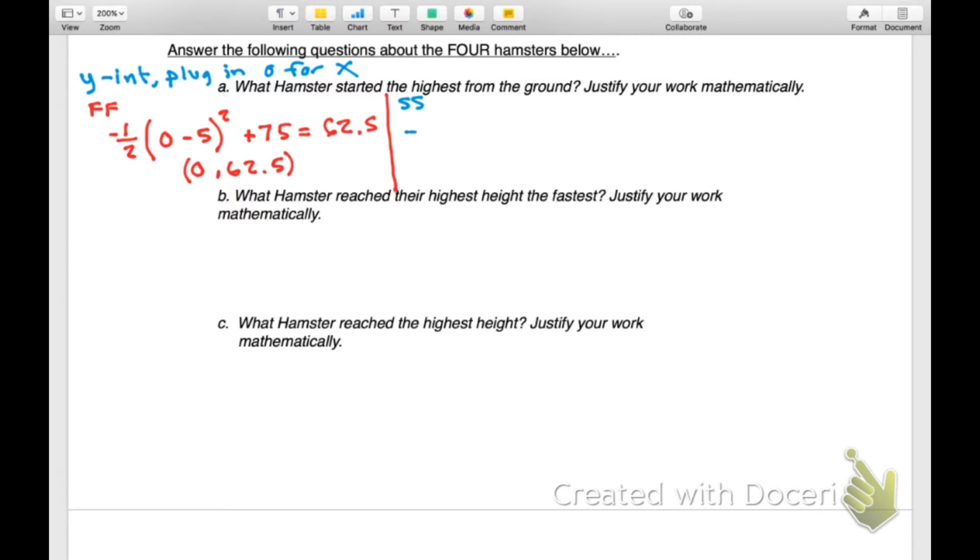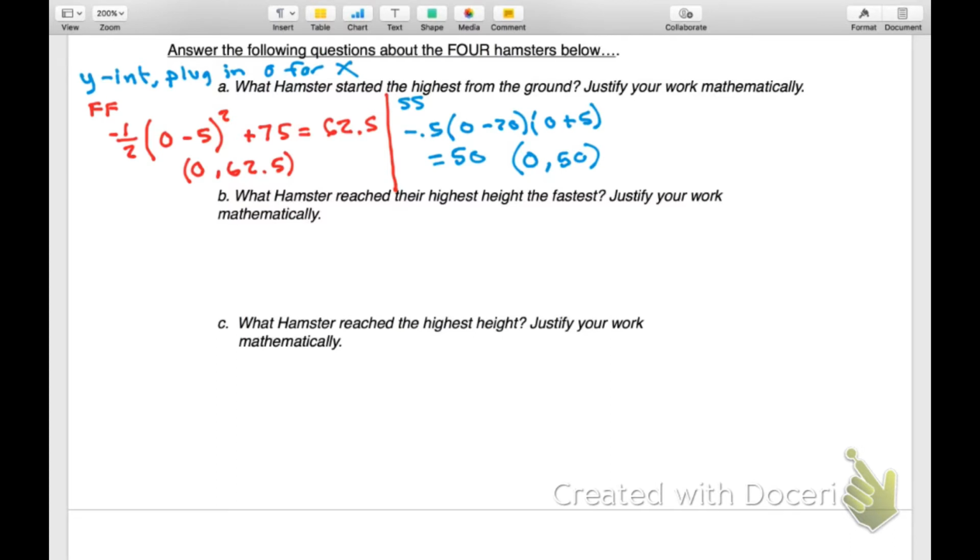So his formula was negative 0.5 times (0 minus 20) times (0 plus 5). Plugging that into our calculator, we get 50. So at 0 seconds, at the starting point, the Squeaking Scorcher is already 50 feet up in the air.